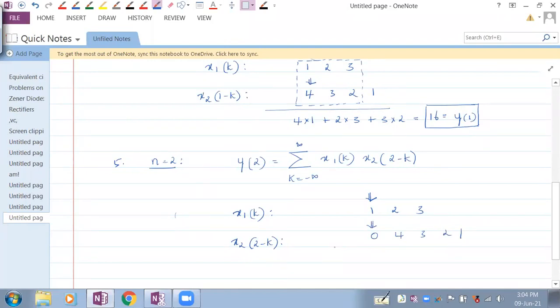In this case, how many samples are overlapping? 2 samples are overlapping. So take the sum of the products: 2 into 4 plus 3 into 3, so it's 8 plus 9.